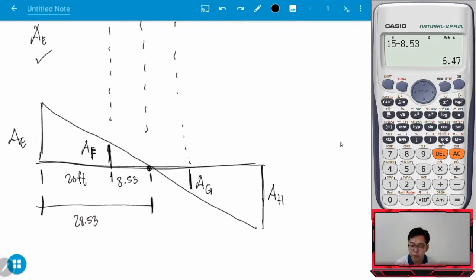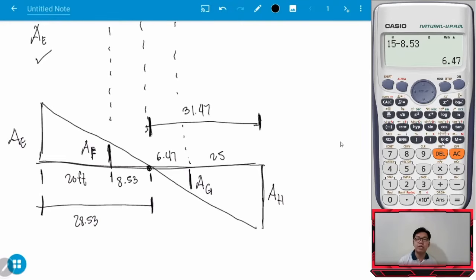Ano yan? 6.47. So, itong kabila is actually 25. So, ang distance from the neutral axis hanggang dito is 25 plus 6.47. So, that is 31.47. Okay? So, since meron na tayo niyan, guys, we can now solve for our forces, AF and AE.